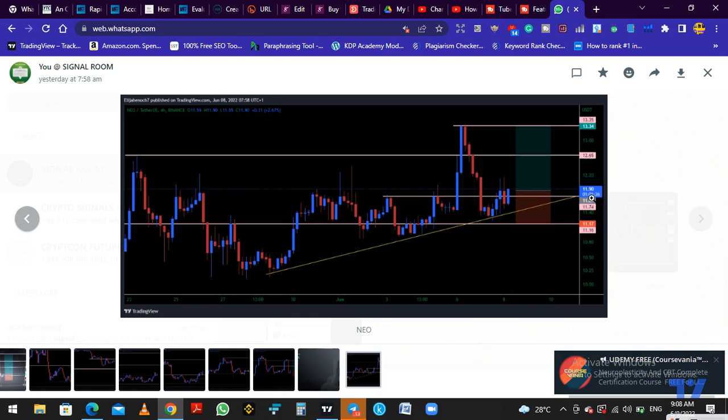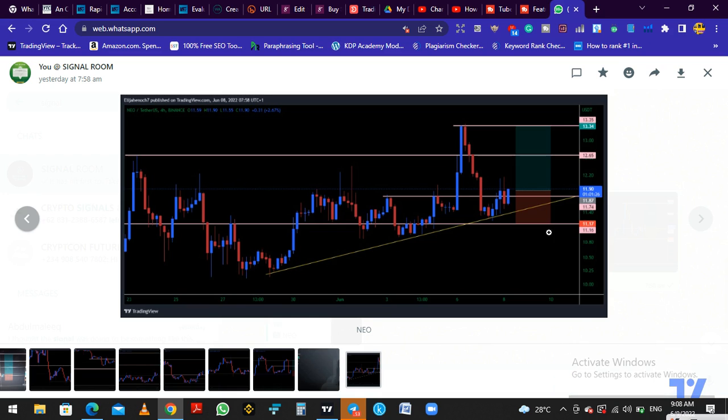So buy at this current price, and then your stop loss will be where this red line stops, which is 11.17. Your first take profit will be this line here, 11.65, and your second take profit will be 13.34.